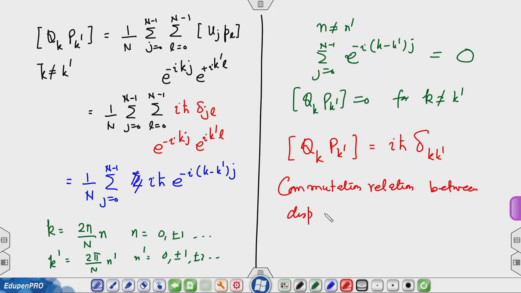And these are the commutation relations between displacement q_k and momentum p_k operator. So, we have defined collective q_k and p_k operators for this system, all right, and now what we can do is use these to write the Hamiltonian.